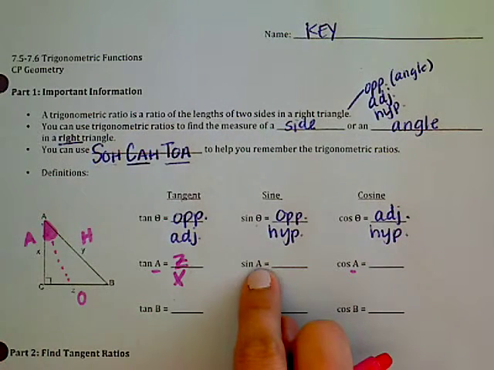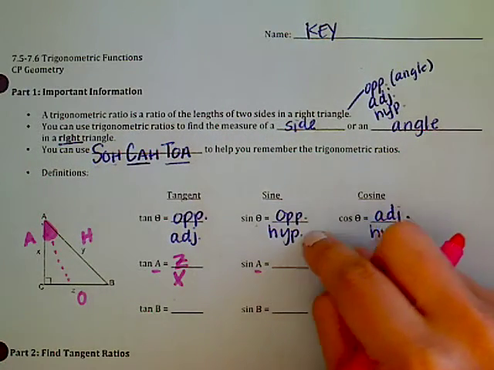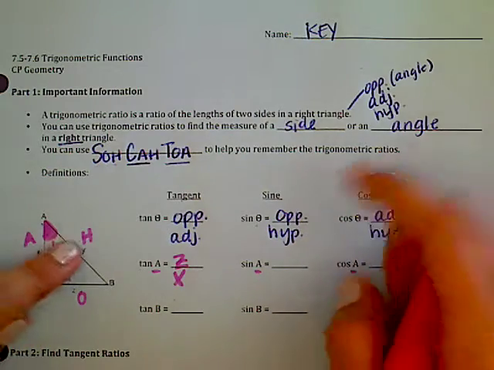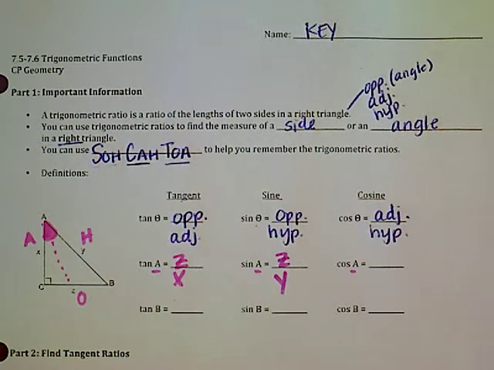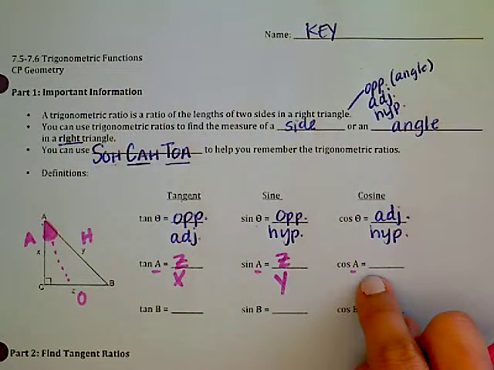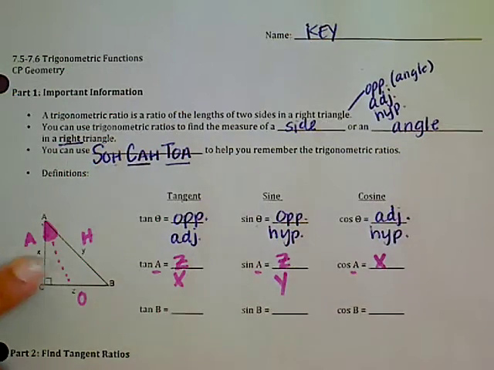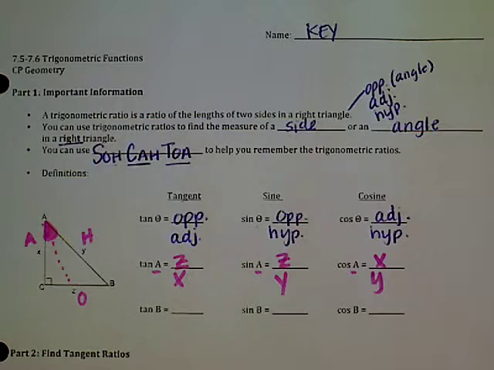The sine is opposite over hypotenuse, so O over H, or Z over Y. And lastly, the cosine is adjacent, so X, because that's our A side or our adjacent side, over hypotenuse, which is Y. And usually we're going to work with numbers when it comes to these, but we're just practicing with these variables X, Y, and Z.